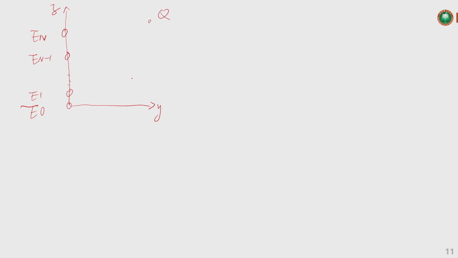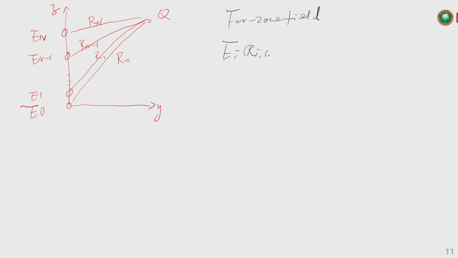So this is the distance R0, R1, Rn-1, Rn. So we can define the far zone field for the element I. Due to element I, it's E_I(R_I, theta, phi).